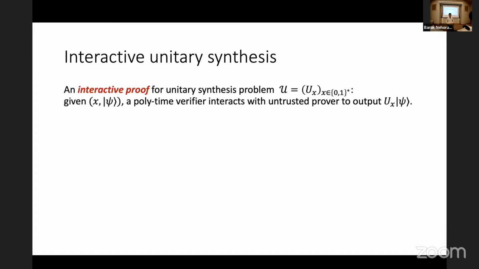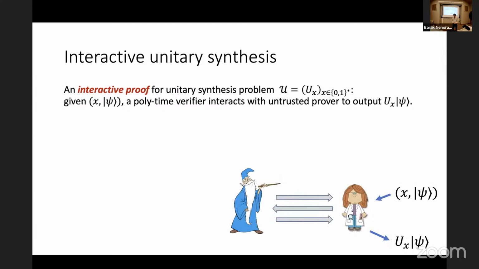So what's an interactive proof for a unitary synthesis problem? I'm not going to go so much into the details here, but I'll sketch the scenario. You have a polynomial-time quantum verifier. It wants to solve this unitary synthesis problem. It gets as input x and some unknown state psi, and it can't do it by itself.